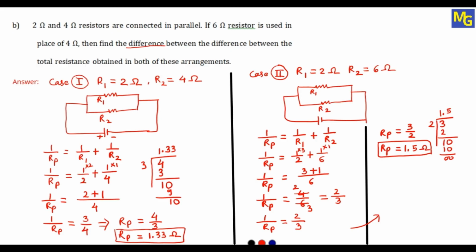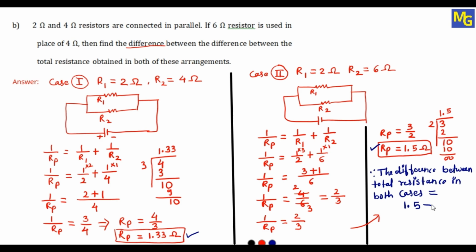So write down, therefore, the difference between total resistance in both cases is equals to, here in the second case we have got 1.5, minus in the first case we have got 1.3.